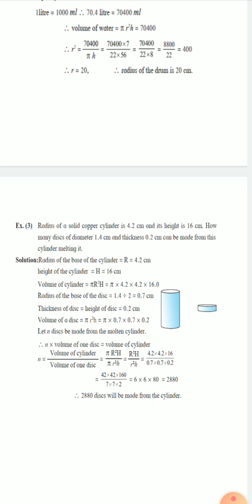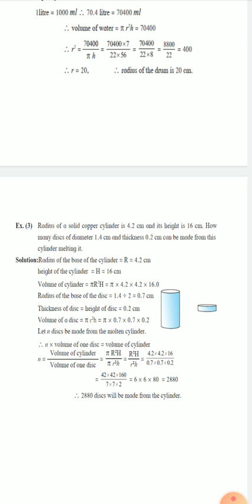Similarly, the volume of the disc becomes pi into small r square into h, which is pi into 0.7 into 0.7, r square equal to r into r, and h is given as 0.2. So the total number of discs equals the volume of the cylinder divided by the volume of one disc, which is pi into capital R square capital H divided by pi into small r square small h.